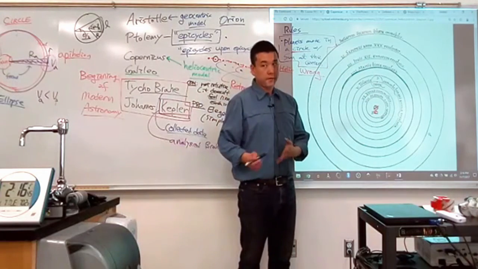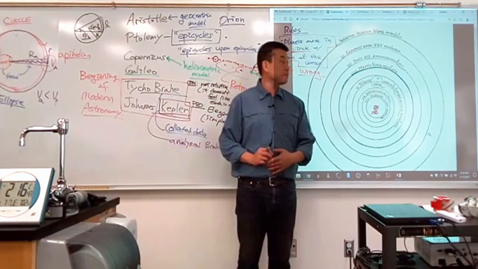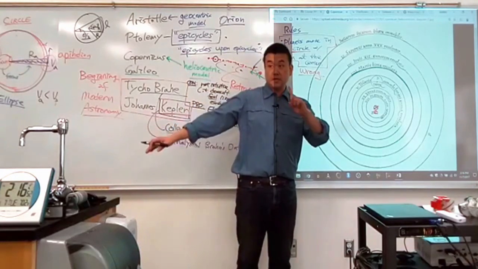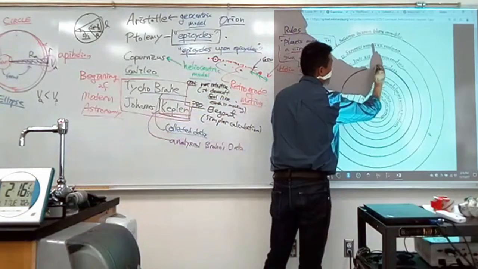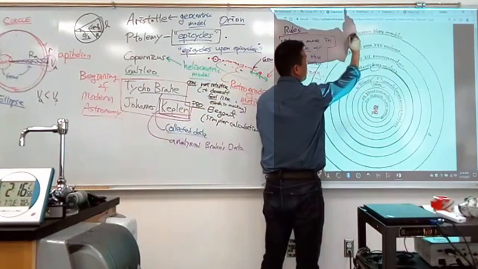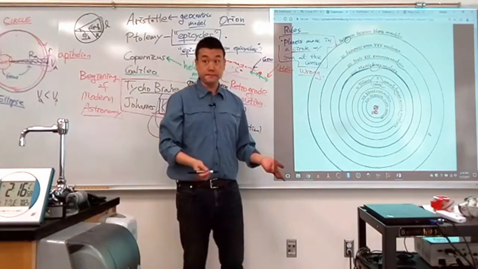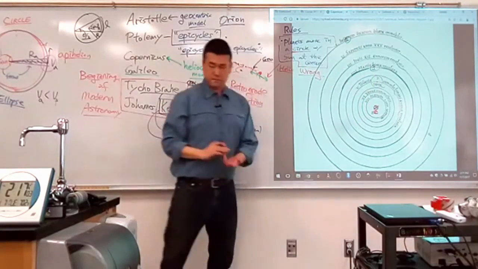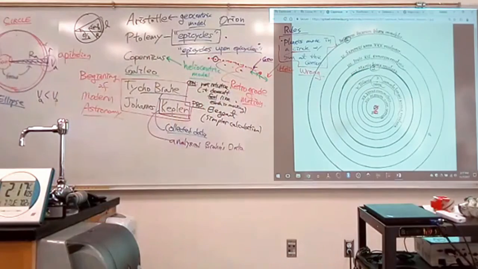The third law is different in this sense. It deals with this. It compares two different planets. Specifically, it compares a planet at one orbit with another planet at a different orbit. So call this planet 1, call this planet 2. This is what the third law says.